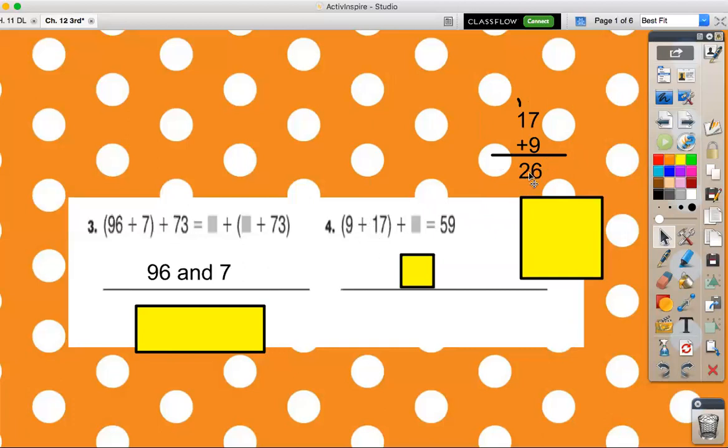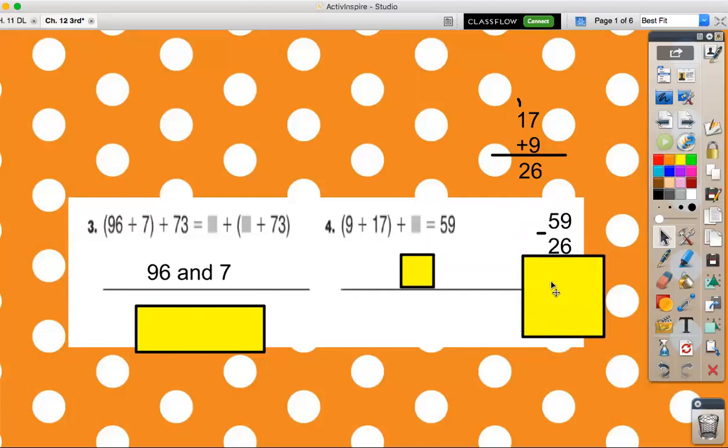What should I do with this 26 in order to find out what this missing number is? Because this isn't the missing number, okay? That's just the sum of 9 plus 17. So what should I do with this number, 26 and 59? I'm going to subtract those numbers, correct? So I have 59 minus 26. Let's start in the ones place. What is 9 minus 6?